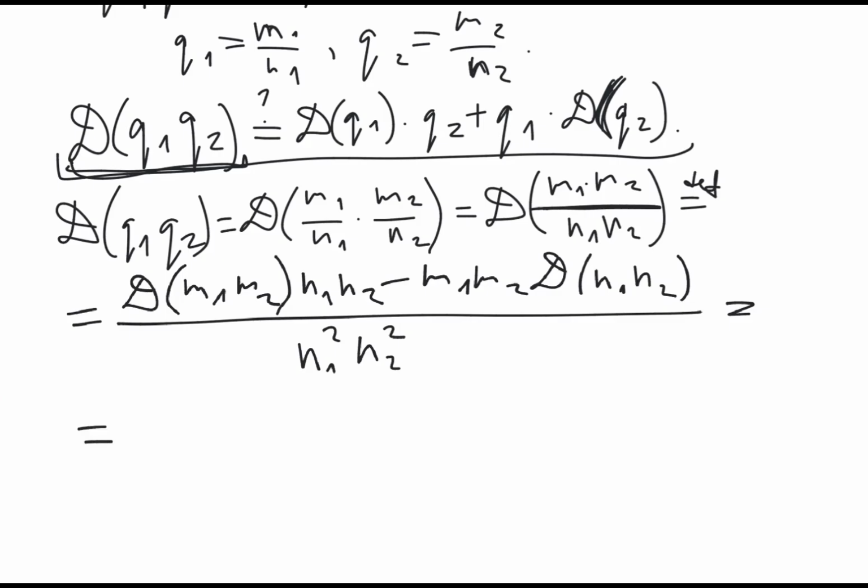So now we expand both of these using the product rule. We can apply the product rule because m1 and m2 are both integers, and for integers we know the product rule holds. So we need to prove the product rule for rational numbers, but we already know that it holds for integers.